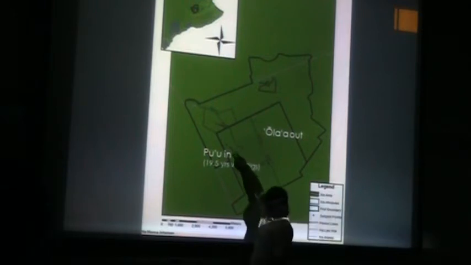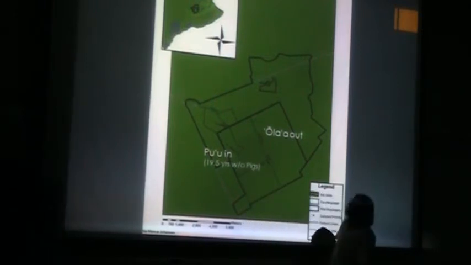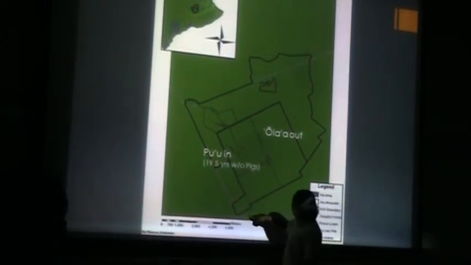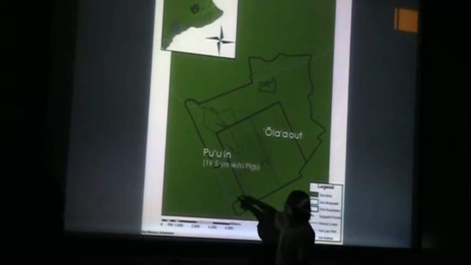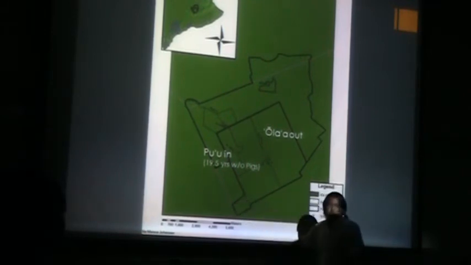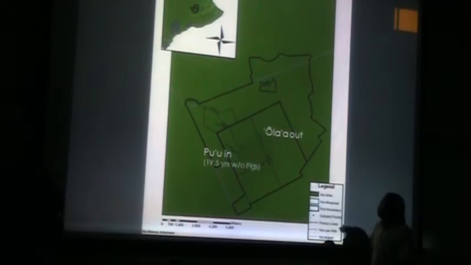This is our location site. My project mostly focused on Pu'u and Ola'a. Pu'u is right here, around here is the end of White Road in Volcano. So you go all the way there.